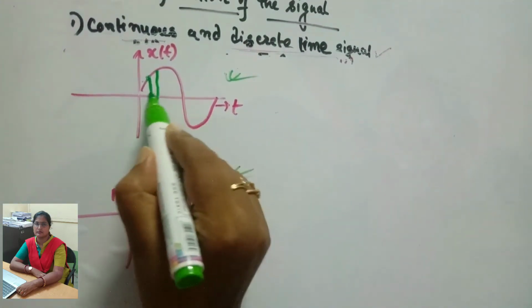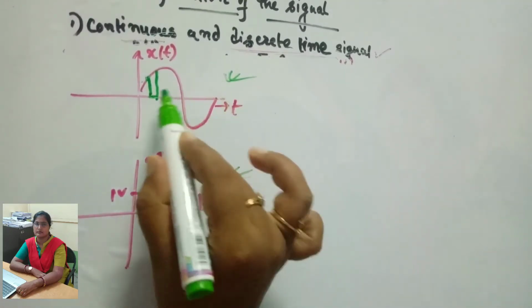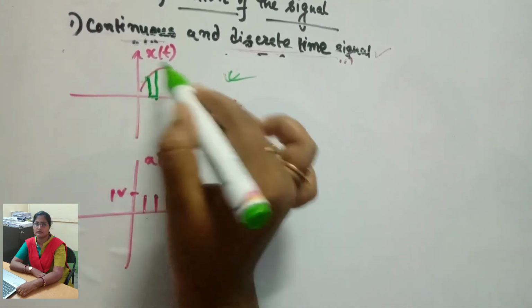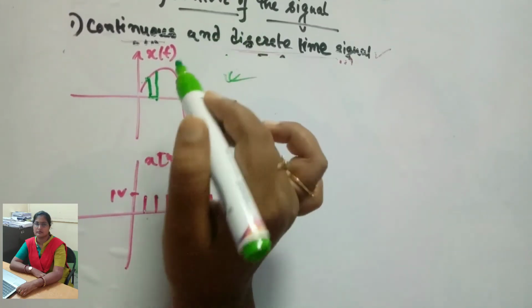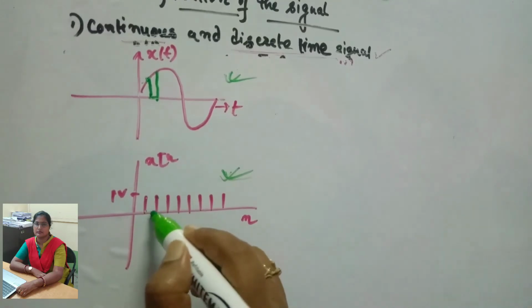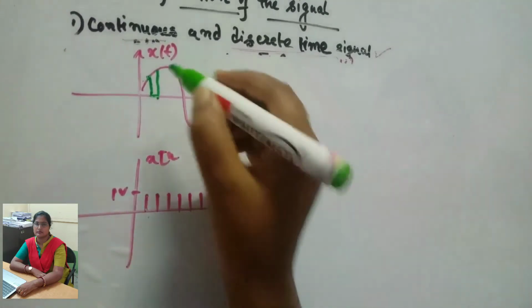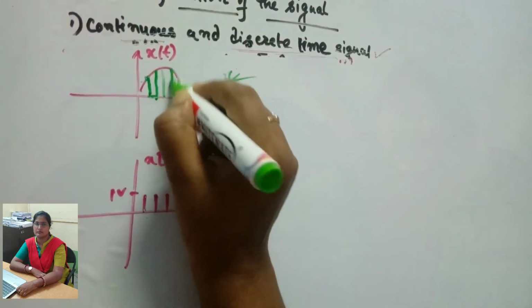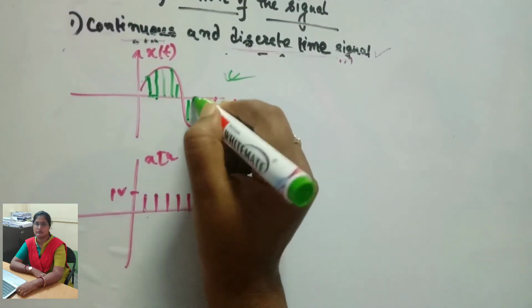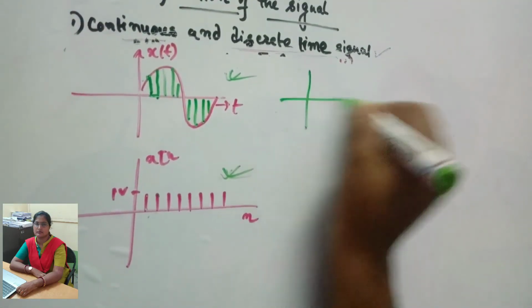In between these two pulses, no value of x(t) will appear, as the amplitude of the pulse train in this time interval is 0. In this way, we can get a discrete time signal.